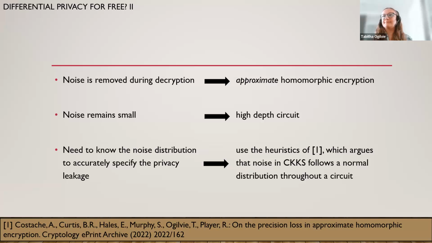The caveat to this work is that because we don't develop new heuristics, we just use the ones of that work, which only looks at the noise after a polynomial evaluation up to a square, and we did not extend that. So we will only be able to evaluate quadratic polynomials.